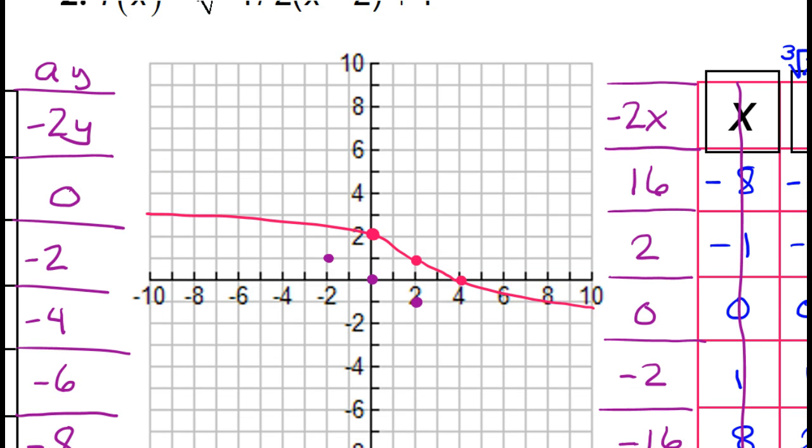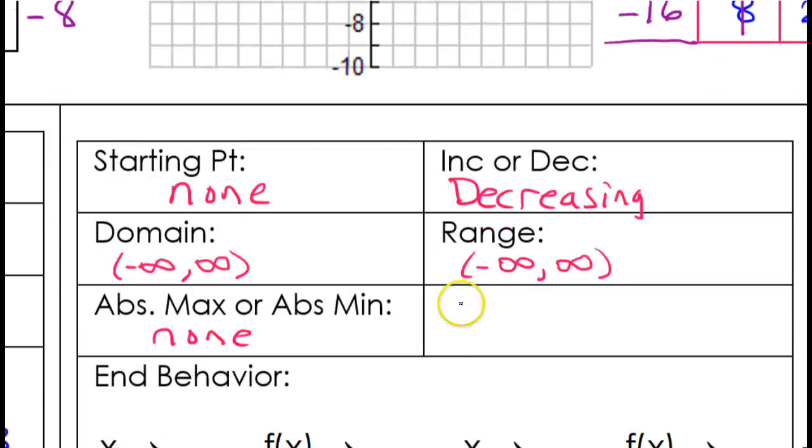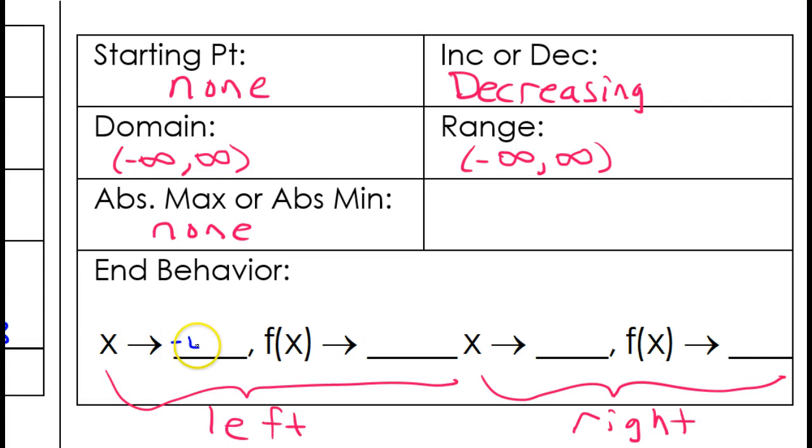Over here on the left, remember x's are left and right. So on this end, the x's are going to the left forever. So that's negative infinity. The y values are up and down. So which is it on this end? It's going up, so that's positive infinity. So it's going left and up. That's negative infinity and positive infinity. So that's this part of the end behavior, negative infinity and positive infinity.